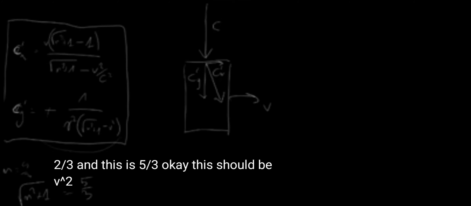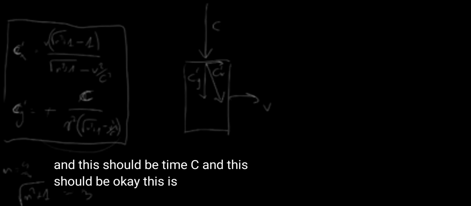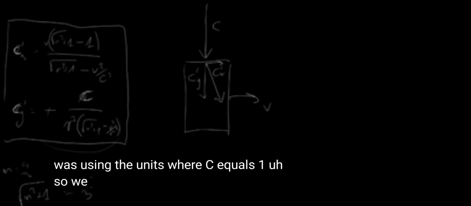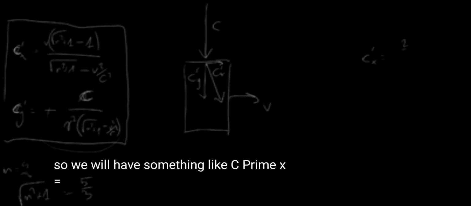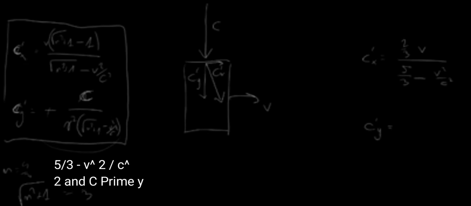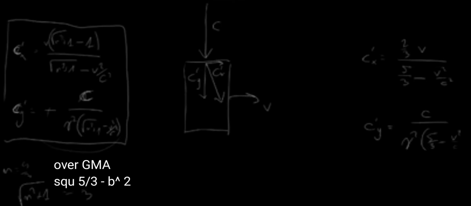Okay, this should be v squared over c squared, and this should be times c, and this is v, because I was using units where c equals 1. So we will have something like c prime x equals 2/3 v divided by 5/3 minus v squared over c squared, and c prime y equals c over gamma squared times 5/3 minus v squared over c squared, if I didn't make any mistakes, which, as I said, I cannot guarantee.